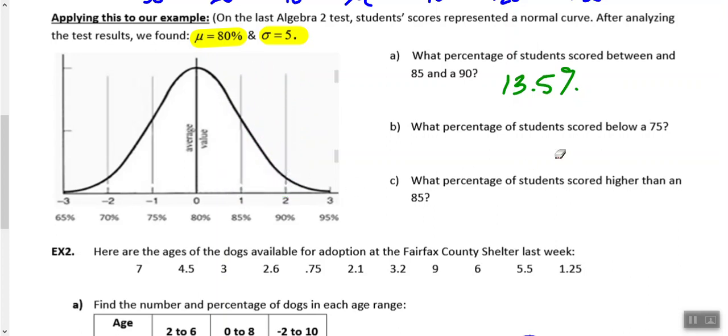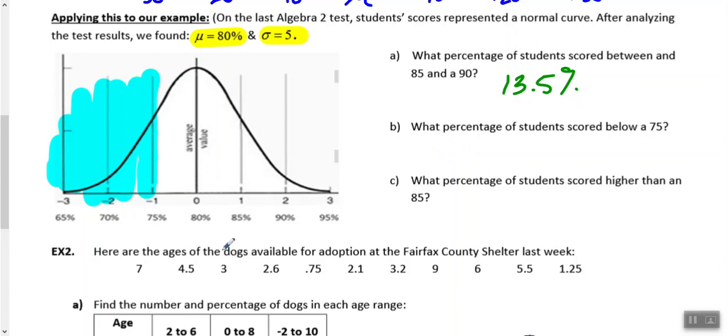What percentage of students scored below a 75? So 75 is one standard deviation below, and I want everything below it. That means I need to take my 2.35, oh, no, I'm sorry.